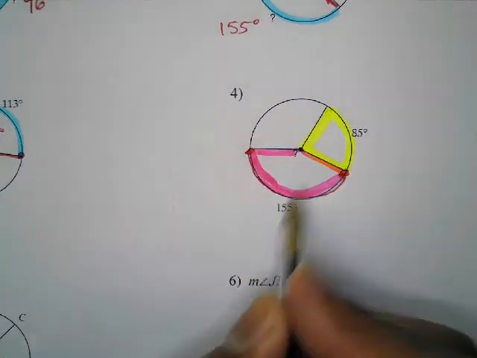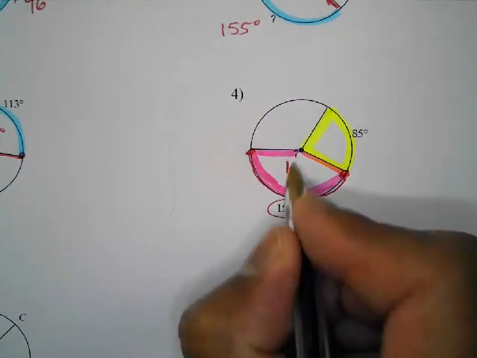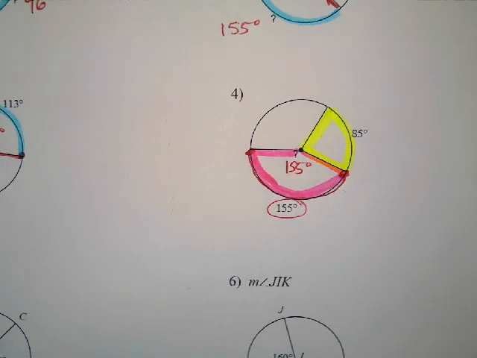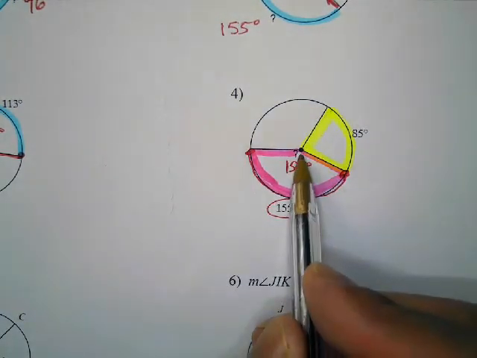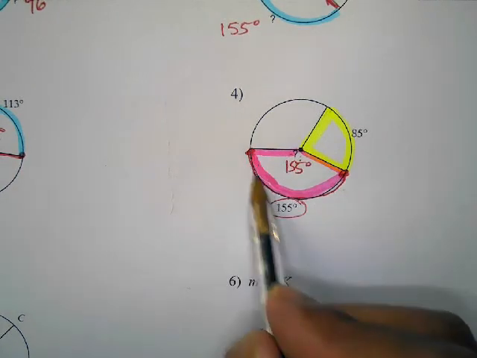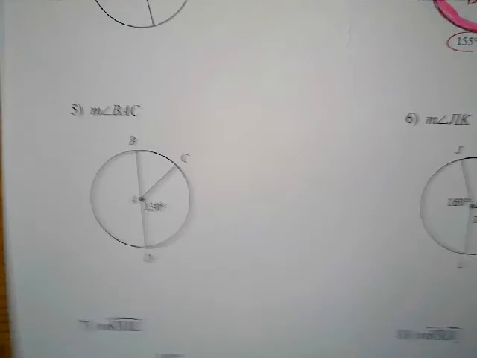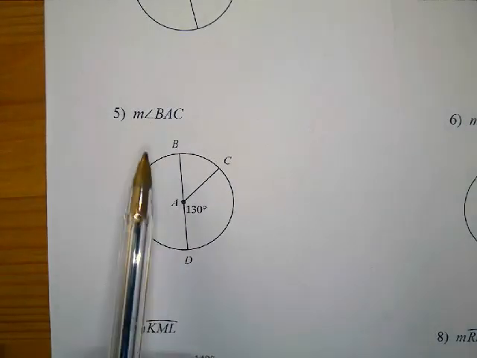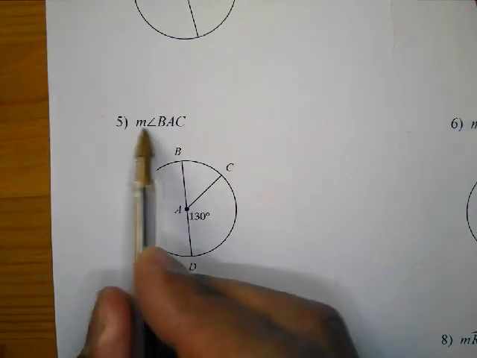Well, it says right here 155, so this has to be 155. Okay, we're done with the easy ones, right? Pretty easy. Whatever the central angle, the angle is the one coming off of the center. This is the angle, this is the arc. Okay, let's look at number 5 now.